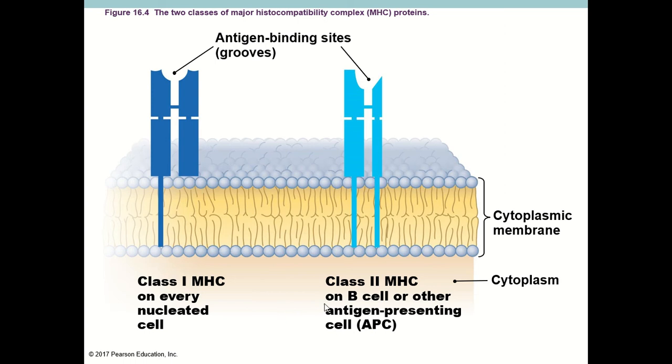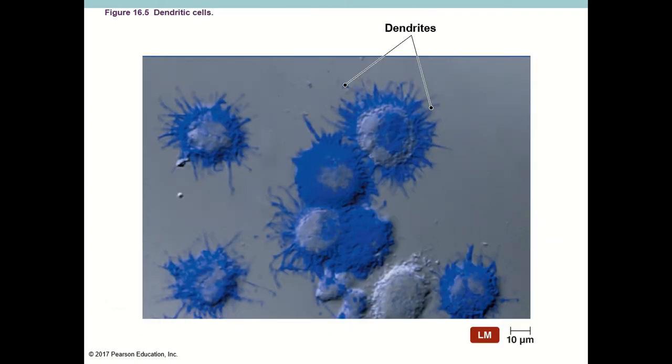There's also a Class 2 MHC molecule, and these are located on B cells or other antigen presenting cells, and I'll get into the specifics of this in a little bit. Again, what's important here is that these major histocompatibility complexes are binding sites for antigens, and ultimately they become unique identifiers for dendritic cells, which we're looking at here.